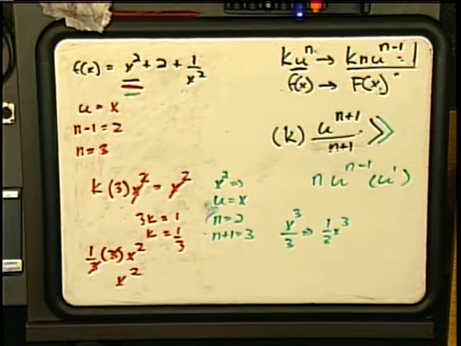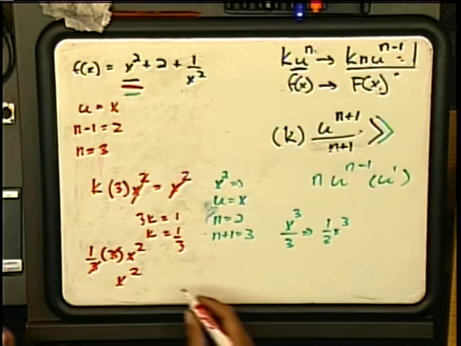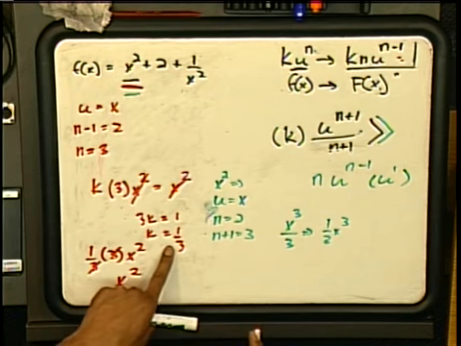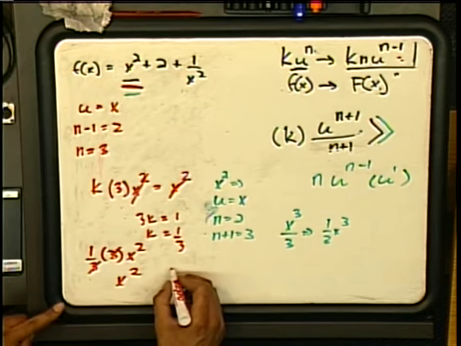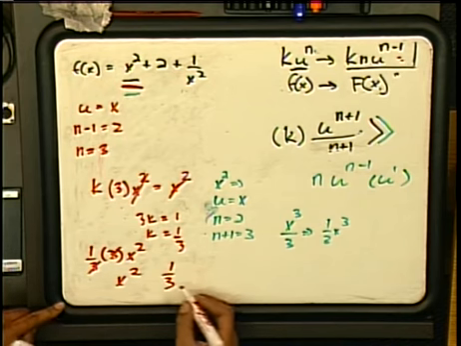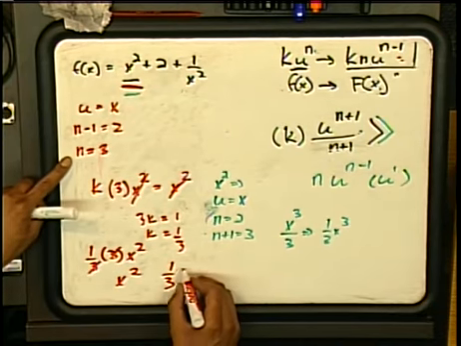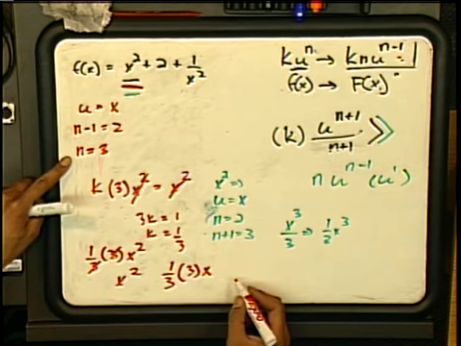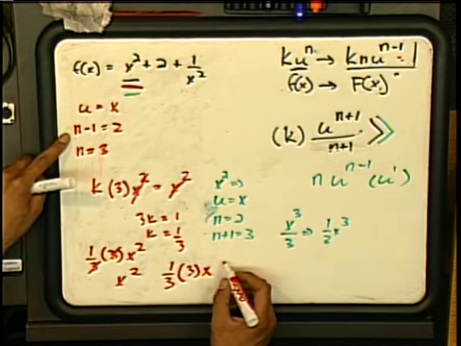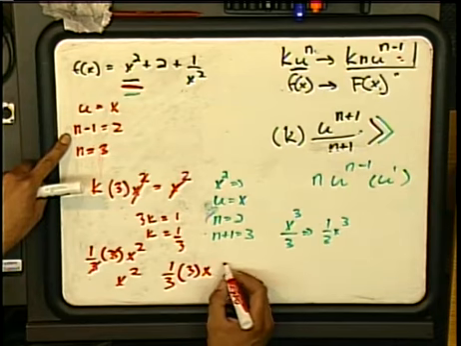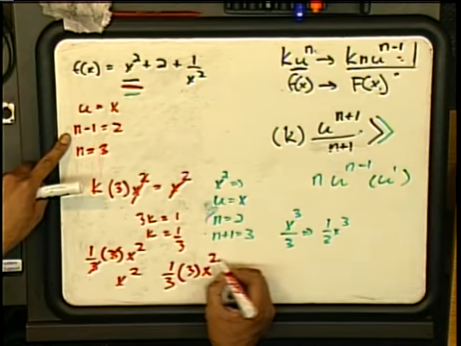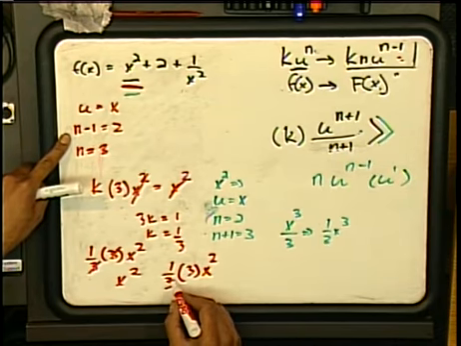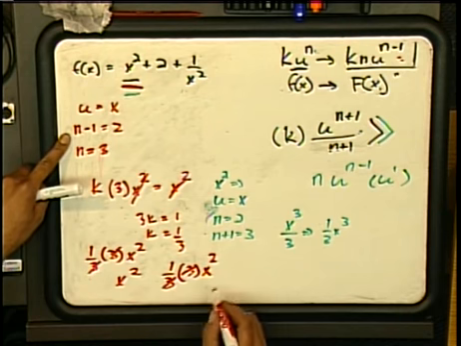I didn't rewrite this. Over here, our k is 1/3. Our n is 3. Our u is x. Our n minus 1 is 2. That cancels, x squared.